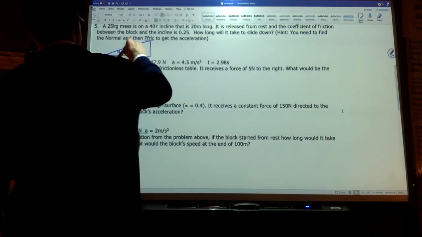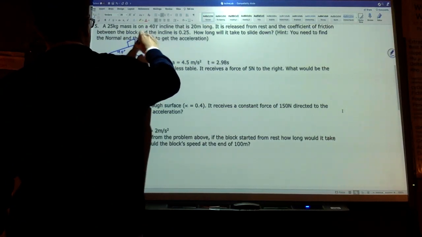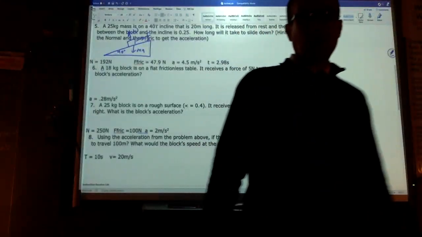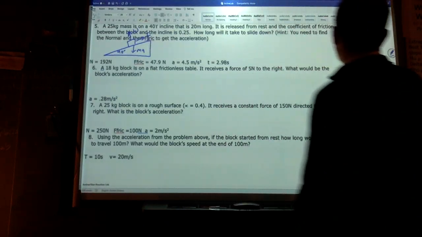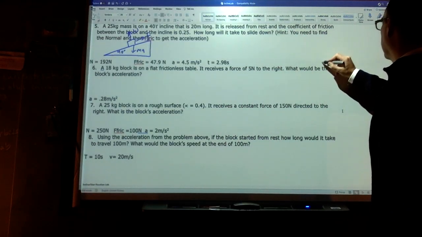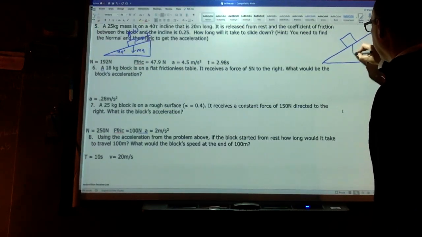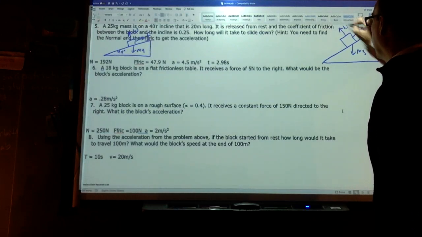So this is 40. Now I have mg going down, I have friction going up, and I have normal going perpendicular to the surface. That's hard to see, so let me do it over here. So mg going down, friction going up, normal going perpendicular.